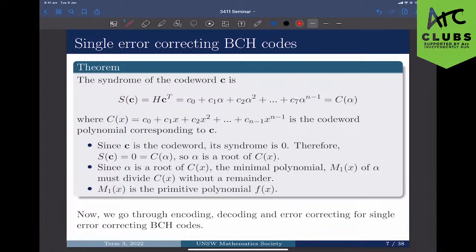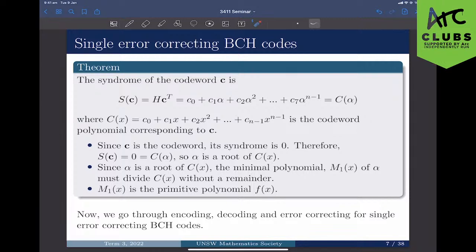And just like with binary Hamming codes, the syndrome of the correct code word is going to be 0. So C of alpha is going to be equal to 0.